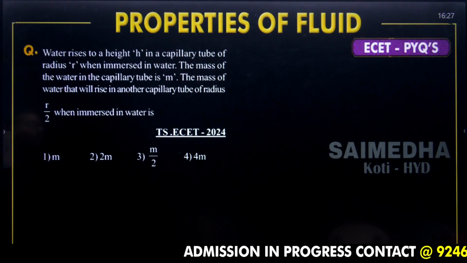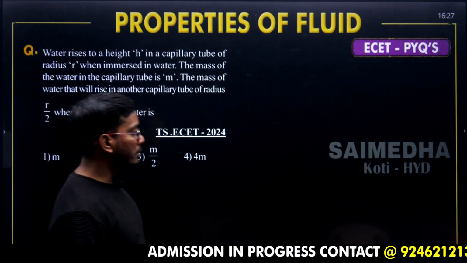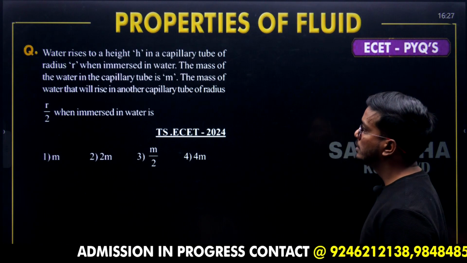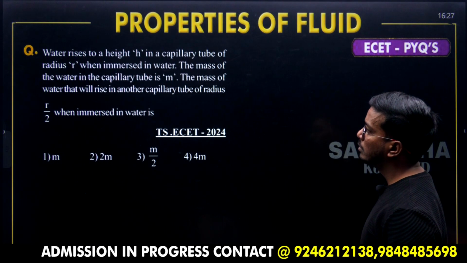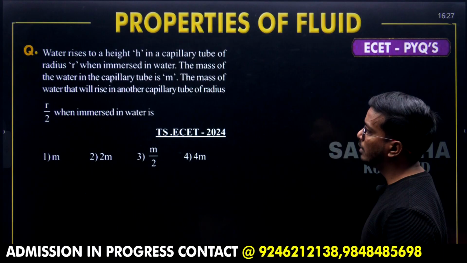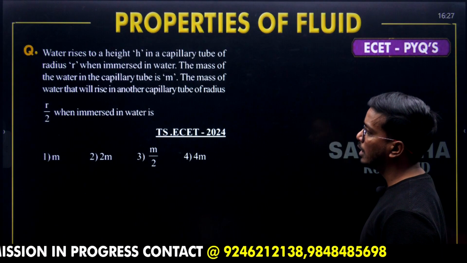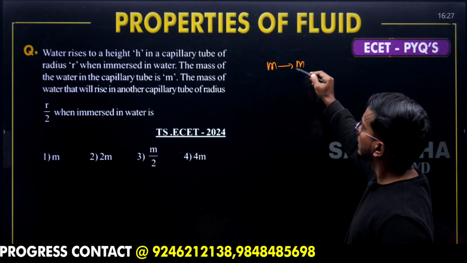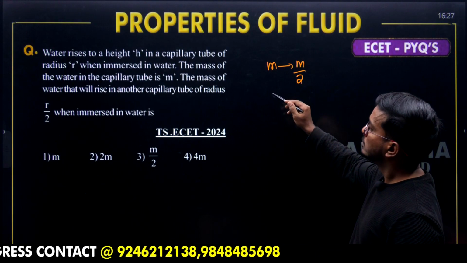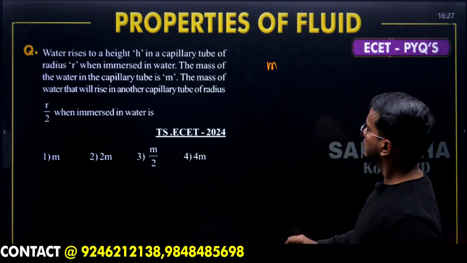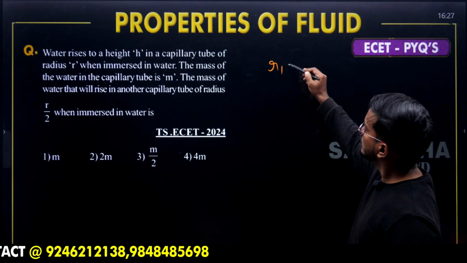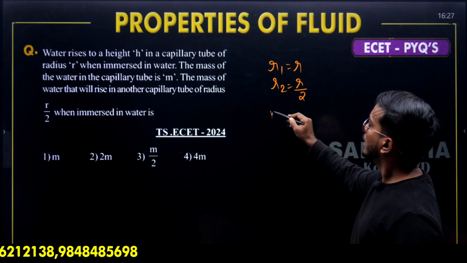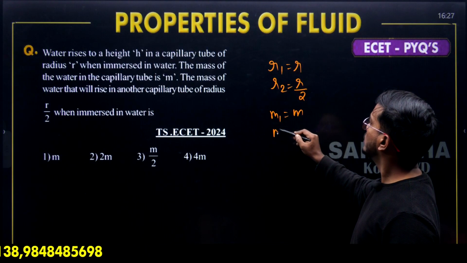The next question given over the board: water rises to a height h in a capillary tube of radius r, and the mass is m. The mass of the water changes to what value when the radius of the tube becomes half? Say the mass changes to m by 2, radius changes to r by 2: r1 is equal to r, r2 is equal to r by 2, m1 is equal to m, m2 is what we need to find.